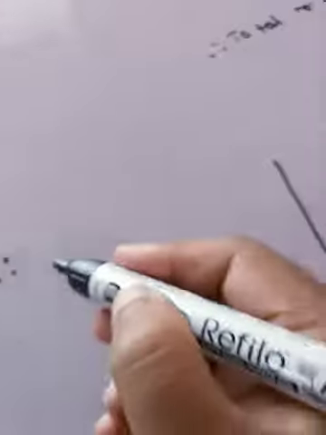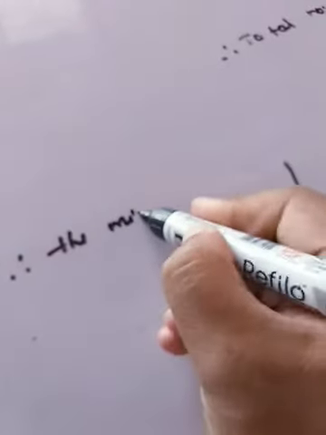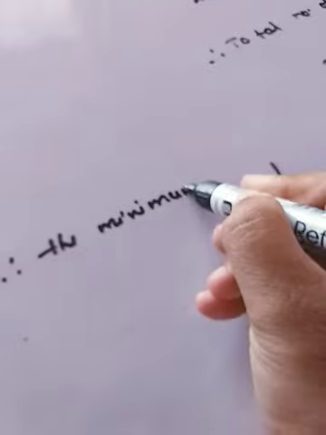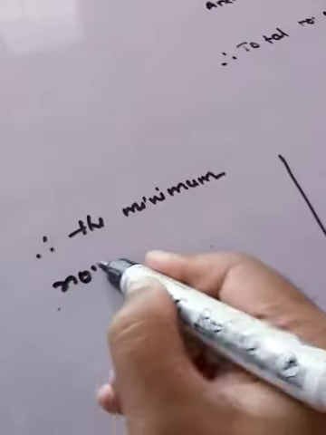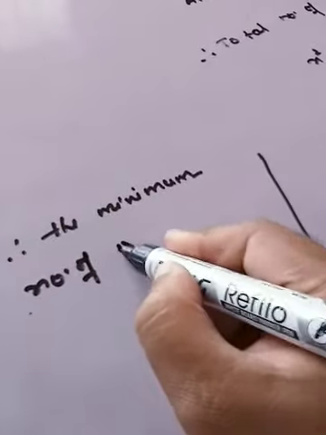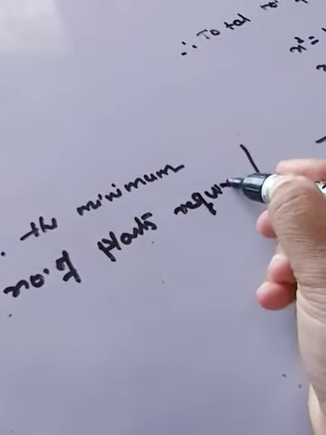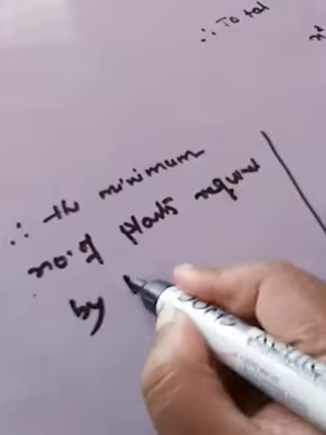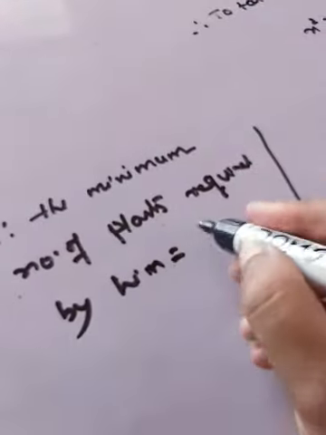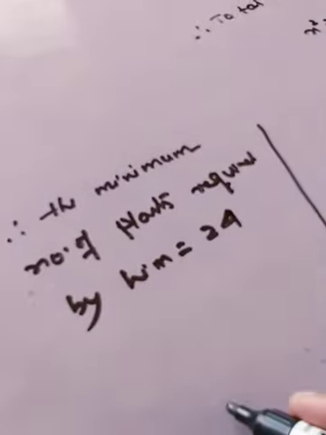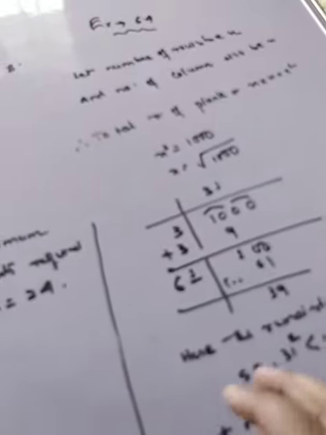You write, therefore, the minimum number of plants required by him, that is more plants, is 24. Okay, so this is the solution of sum number 8. Now let's move on to sum number 9.